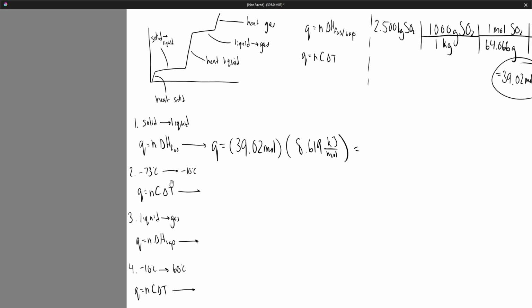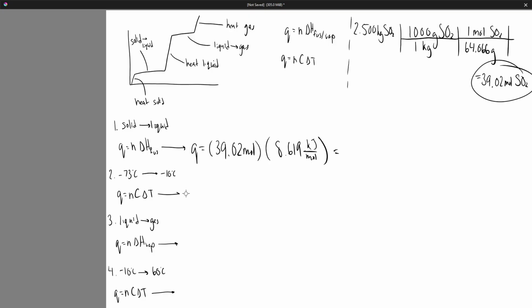Okay. Now for this, it's Q equals number of moles, 9.2 moles, times the specific heat capacity of the liquid, which is 0.995 joules per gram Kelvin.